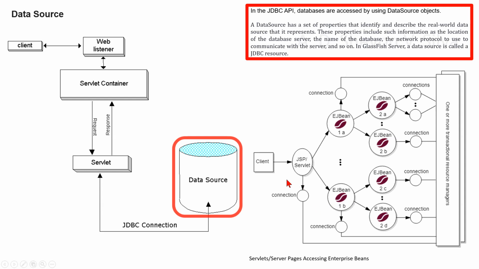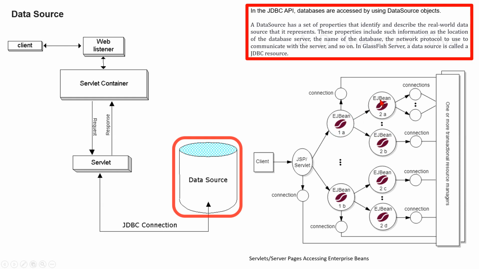Here you can see the client is connected to a JSP or servlet. The JSP or servlet is connected to a connection. Connections interact with one or more transactional resource managers. JSP or servlets are also connected to EJBs, enterprise Java Beans.